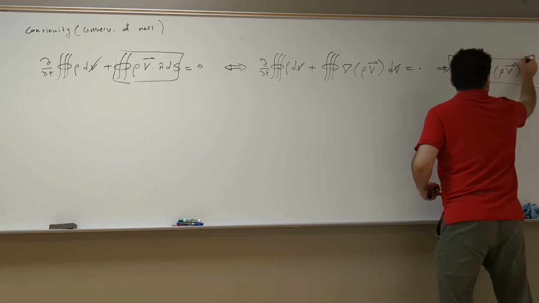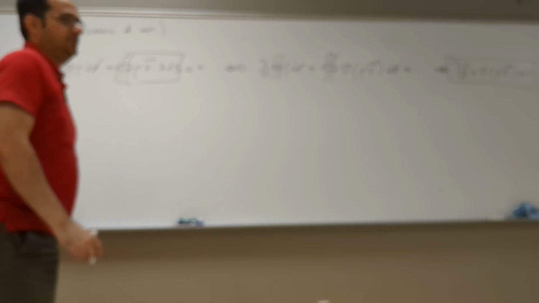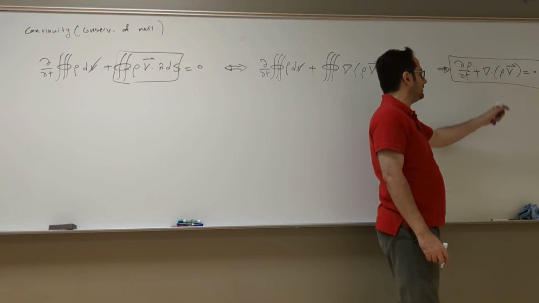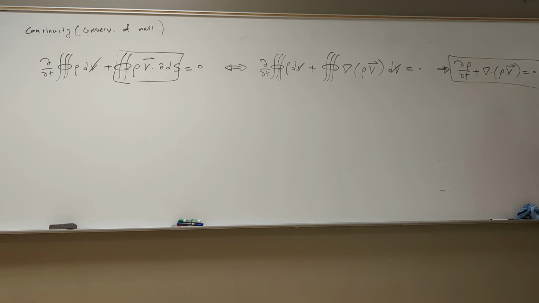This is the differential form of continuity. You see, do you see any integral here? No. With the differential, these are all derivatives. So you have that, and you have this, right? Now, let's get this equation and work on it.